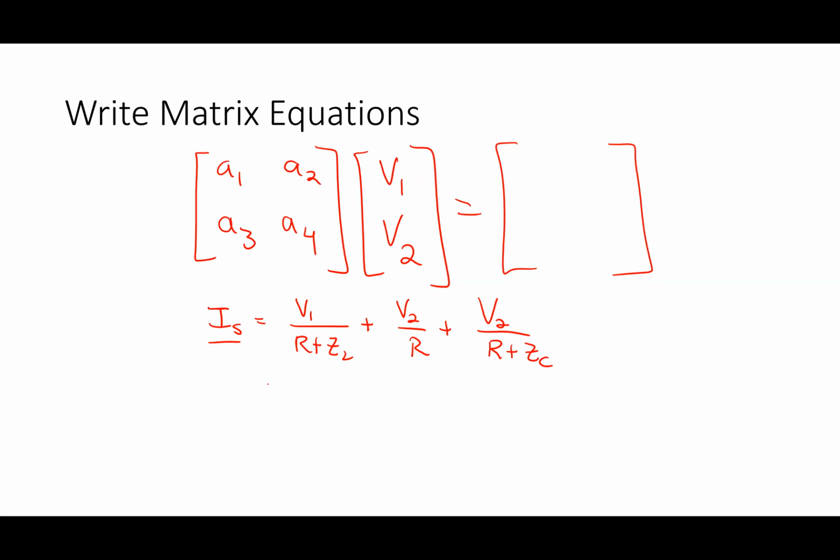Here's how I do it. I group all my terms like this, and I say, all right, I have 1 over R plus ZL times V1 plus 1 over R plus 1 over R plus Z sub C times V2.